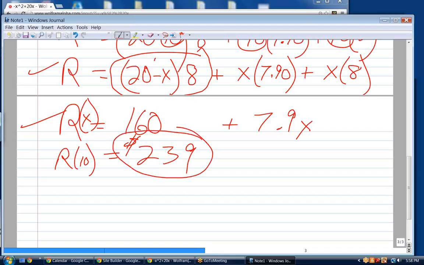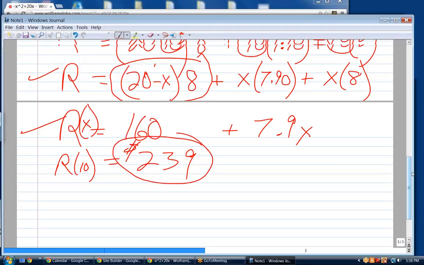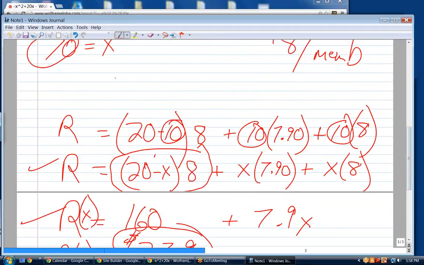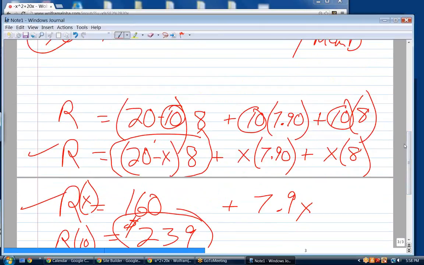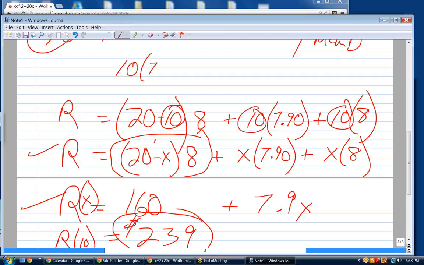Okay. Let's go back and make sure that number makes sense by doing it the first way we did it. If we have 10 people making a referral, then we'll have 10 members paying $7.90. We will have 10 members paying $8, and we will have 20 new members paying $8.